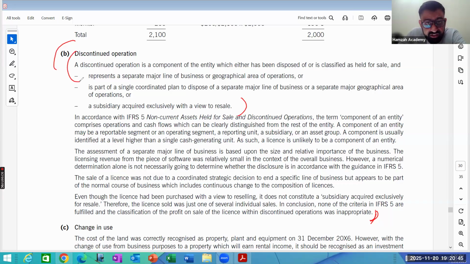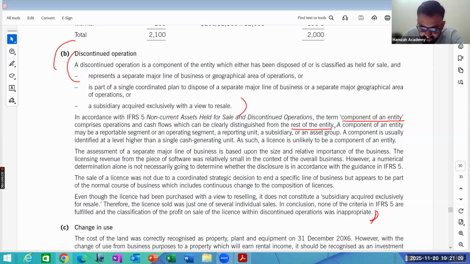Now, in accordance with IFRS 5, Non-current Assets Held for Sale and Discontinued Operations, the term component of an entity comprises operations and cash flows which can be clearly distinguished from the rest of the entity. A component of an entity may be a reportable segment or operating segment, reporting unit, subsidiary, or an asset group.